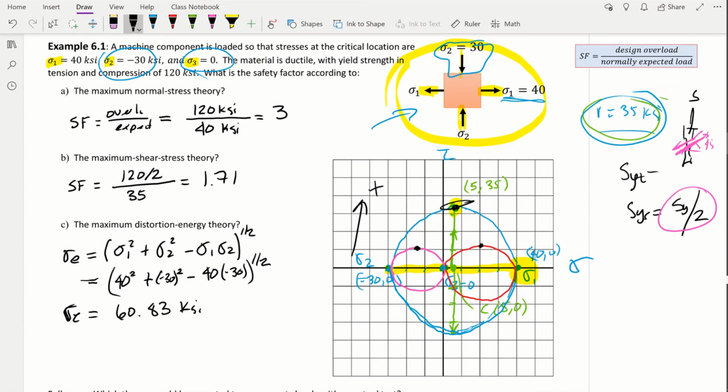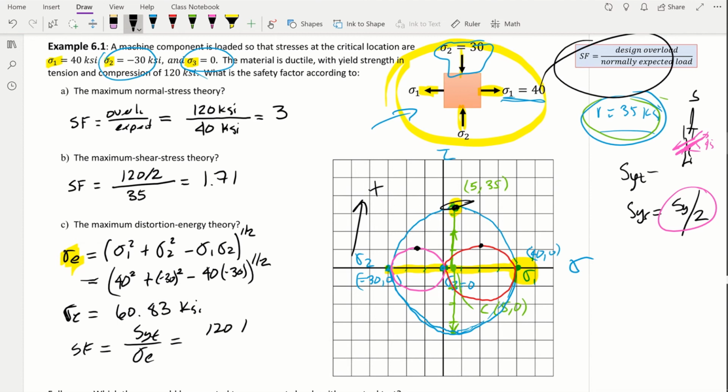And so now we can use that number in the safety factor equation to calculate the safety factor. So the safety factor is going to be the design overload, right? That one's from material properties. So again, with the maximum distortion energy, we're always comparing the equivalent stress to the yield strength of the material. So the maximum we can put is up to the yield strength of the material, 120 KSI. And we're going to divide by, let me put it symbolically, the yield strength of the material in tension divided by the equivalent stress.